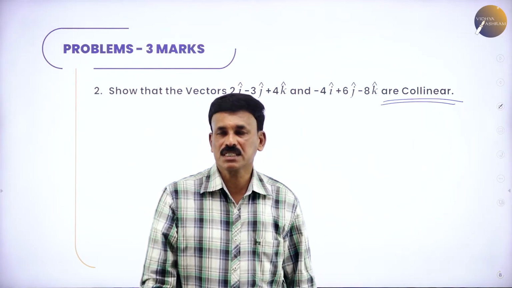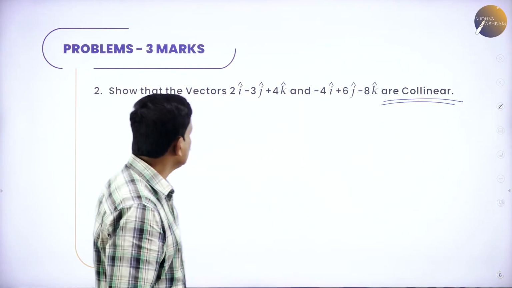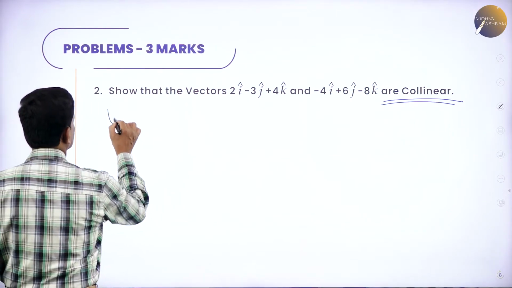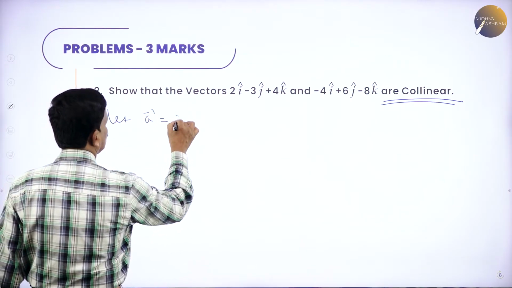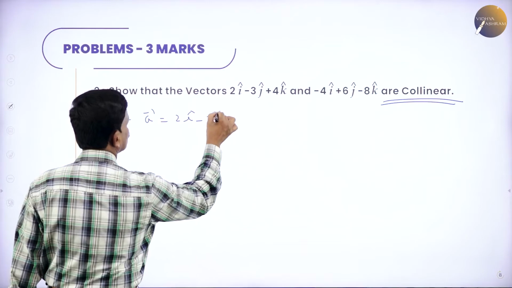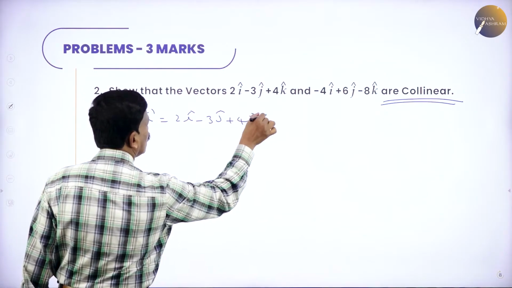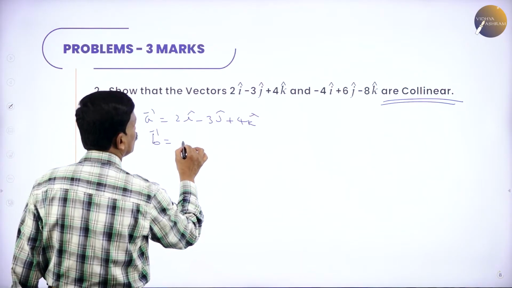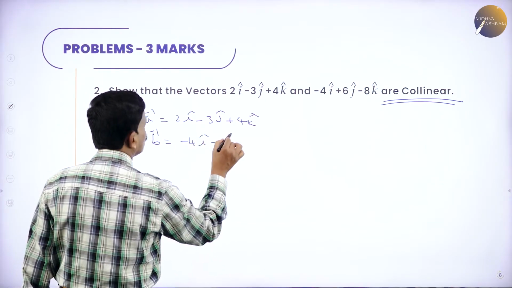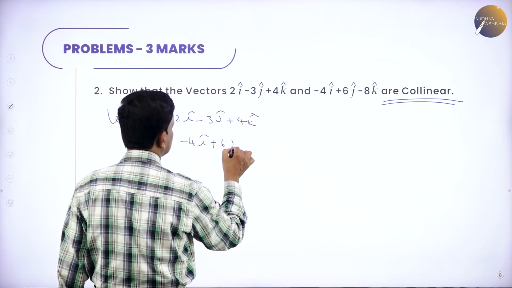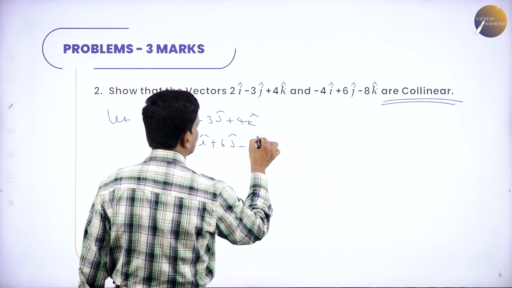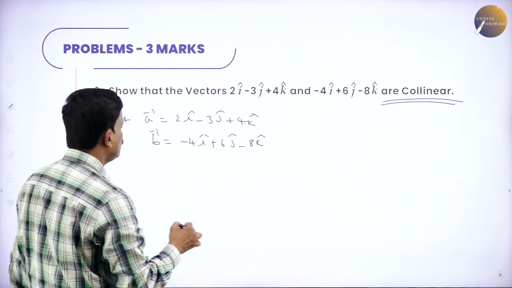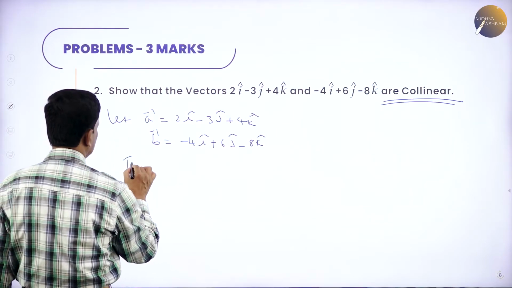Here, since there are two vectors, let us consider vector A is equal to 2i minus 3j plus 4k and vector B is equal to minus 4i plus 6j minus 8k. Now what is to prove for collinear?